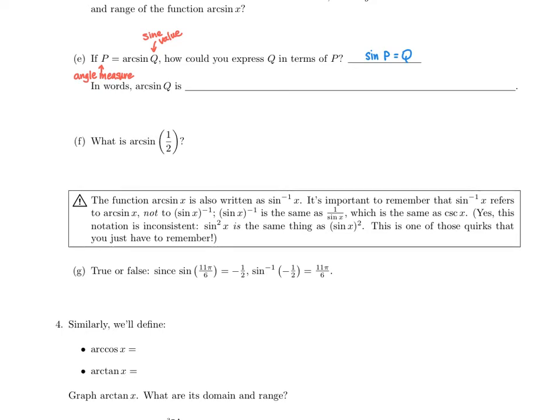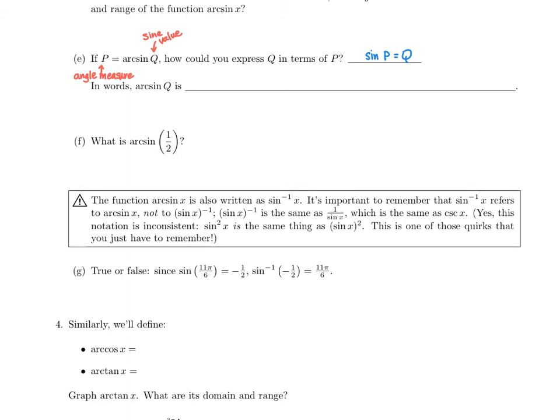A logarithm takes the actual number, and then the output is what exponent do I need to raise this base to get that number? Arc sine acts on a sine value. That Q is its input. And the output is going to be, hey, what angle measure has this sine value?